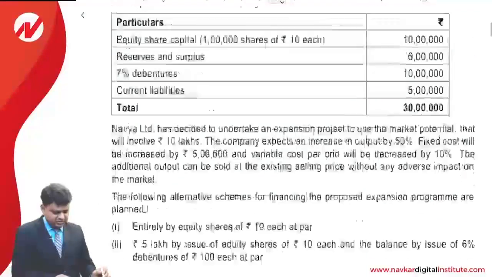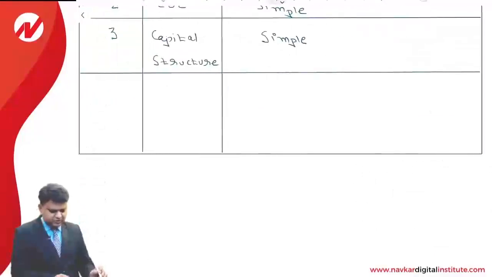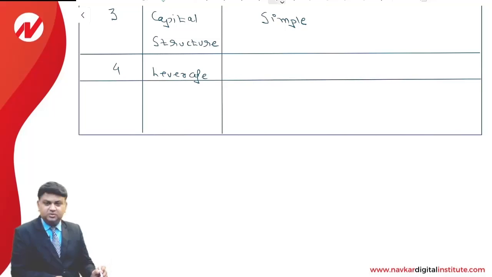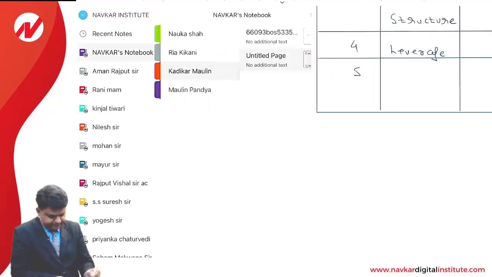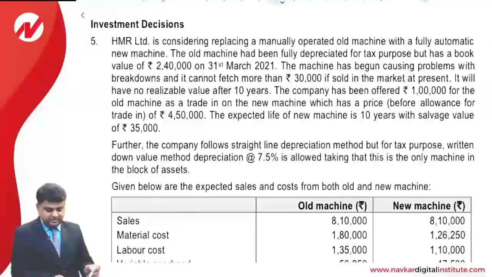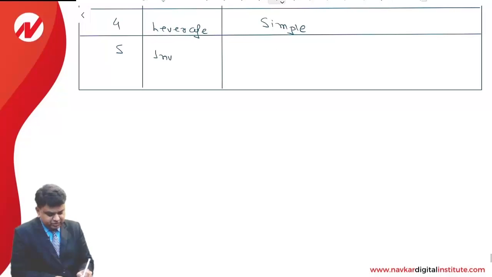Fourth question, leverage. Over here we are required to compute earnings per share and different kinds of leverages. The question says you are required to measure the risk, so you need to find leverage. Next question is capital budgeting, investment decision, and I found it a very good question.